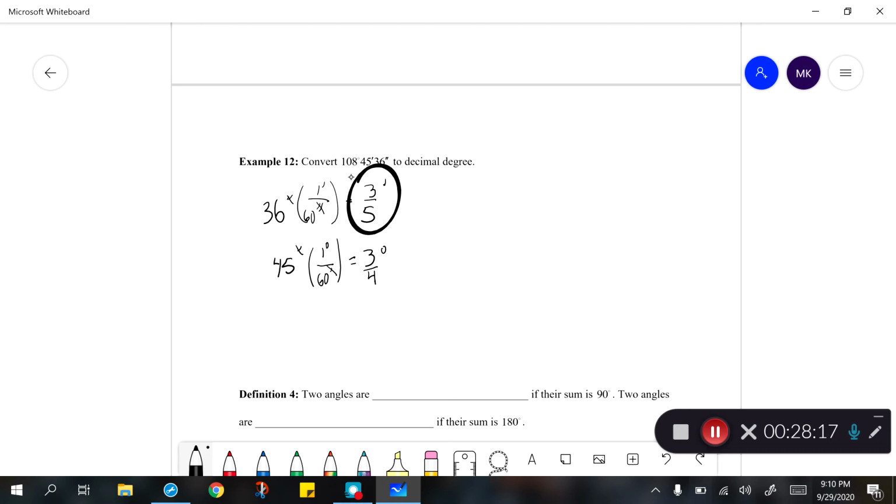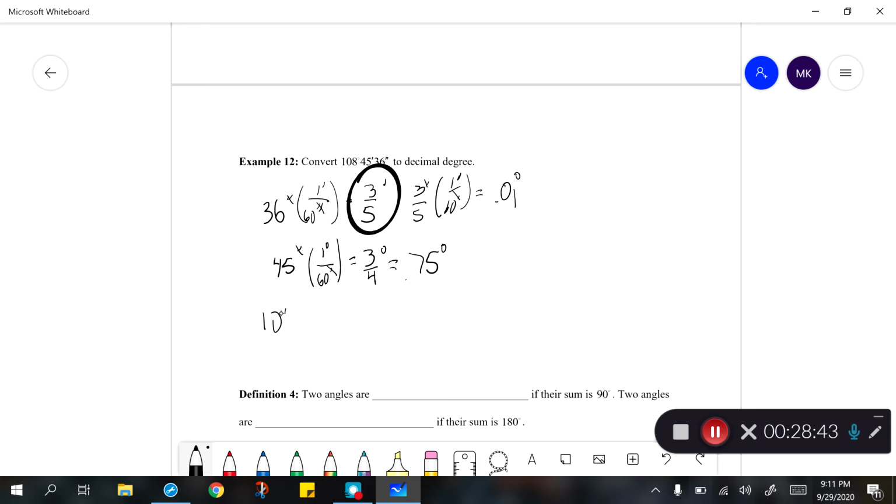We multiply 3/5 of a minute by 1 degree over 60 minutes, and the minutes go away, and we end up with 0.01 degrees, and 3/4 is 0.75 degrees.